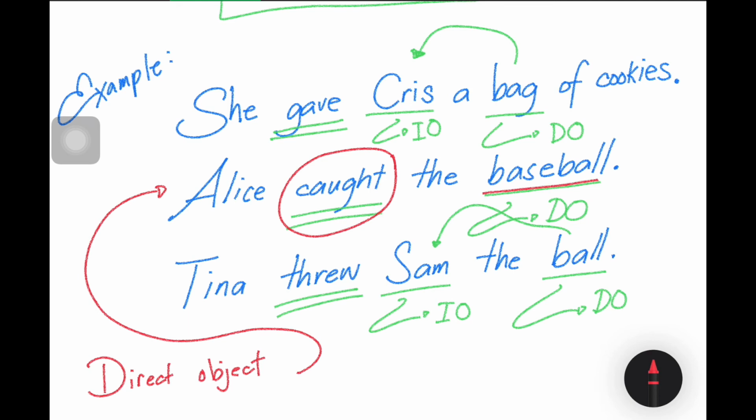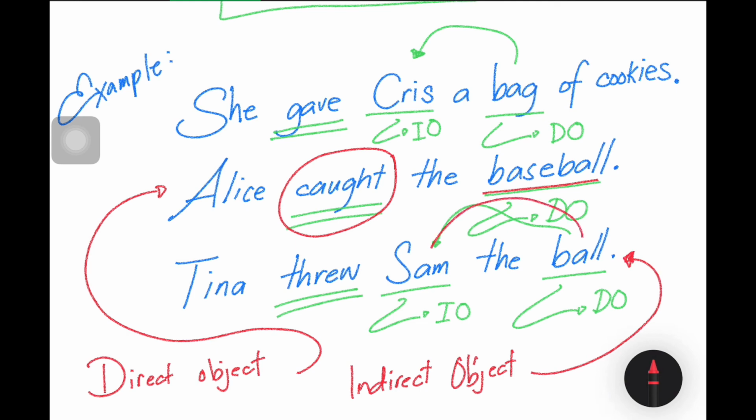Now our indirect object, I just really want to emphasize this: from the word indirect, it seems like the sentence went all the way around, like it had to go through your direct object then back to your indirect object. Like in this sentence, Tina threw Sam the ball, so Tina threw the ball to Sam.